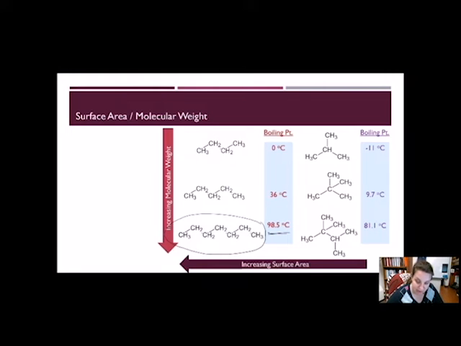So here we have a nonpolar molecule. That nonpolar molecule is a fairly high boiling point molecule because it's got a large molecular weight and a great surface area. As we compare, these two right here have the same molecular weight, but because one is in a line and the other one's more ball-shaped, we have a lower boiling point. So again, as we increase that surface area and as we increase that molecular weight, we're going to have significantly increased boiling points and melting points.